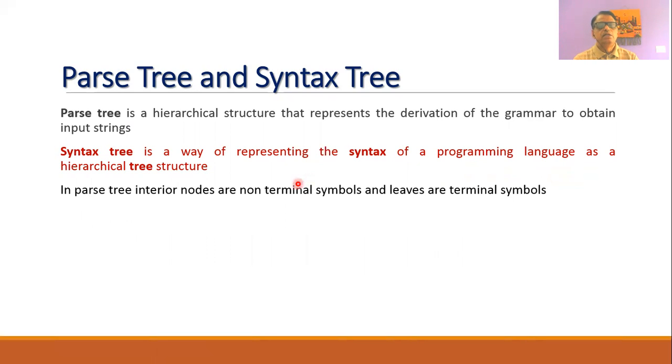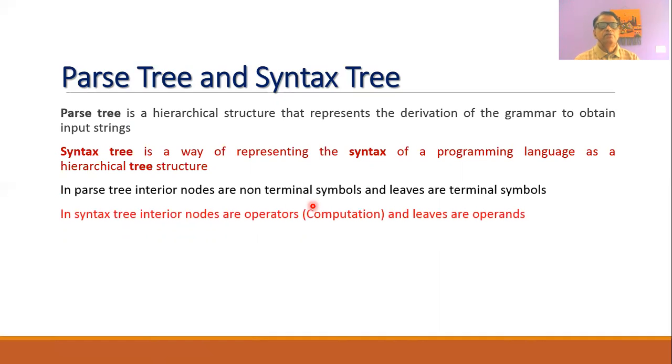In the parse tree, the interior nodes are the non-terminal symbols of the grammar, and the leaves are the terminal symbols. While in the syntax tree, the nodes are the computations, or you can say the operators, and the leaves are the operands. In the parse tree, one can easily find that it may contain some unusable information.